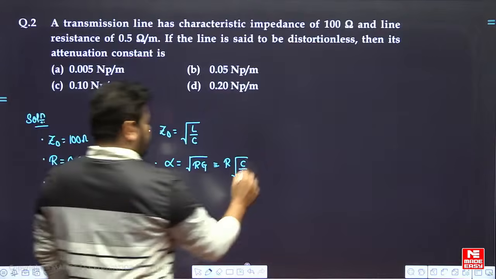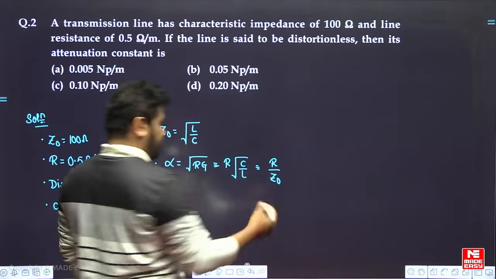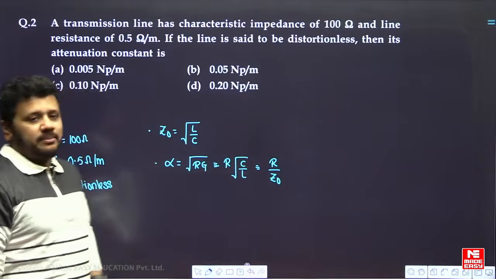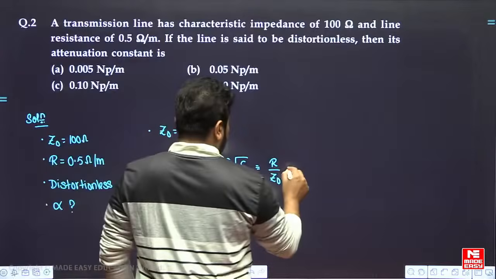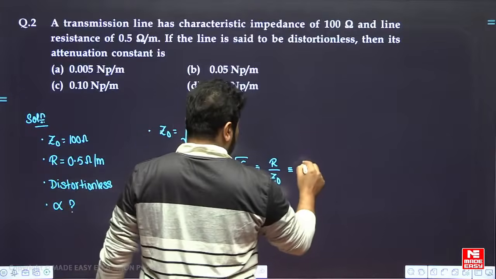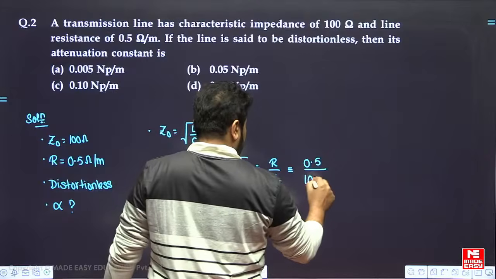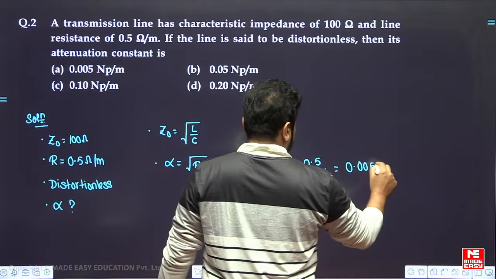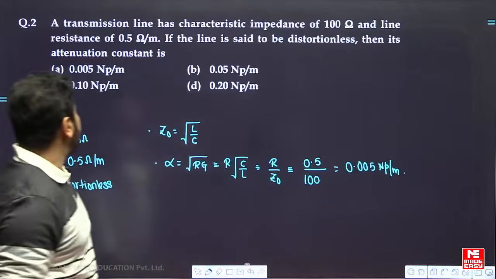Now can I write it like this, R upon Z0? Since Z0 is root under L by C, we can directly substitute this value. R is 0.5 and Z0 is 100. So this is 0.005 neper per meter.